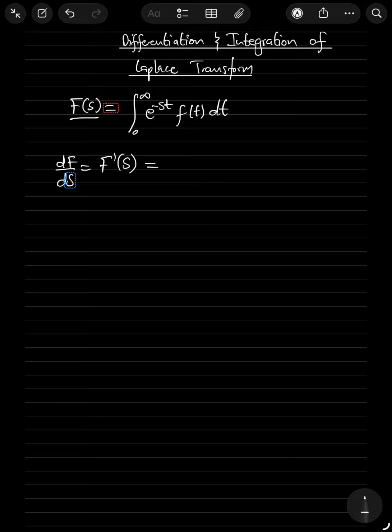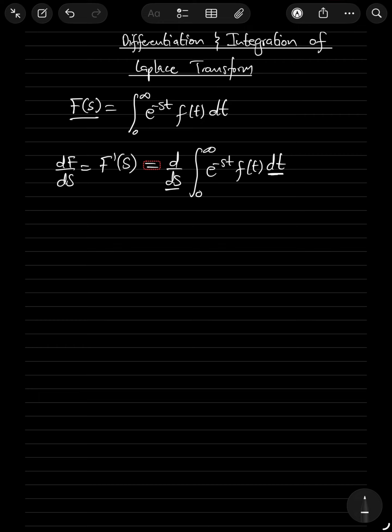right? Which is equal to d/ds of the integral of e^(-st) f(t) dt. But here we are differentiating with respect to s, and we are integrating with respect to t, so these two are independent.